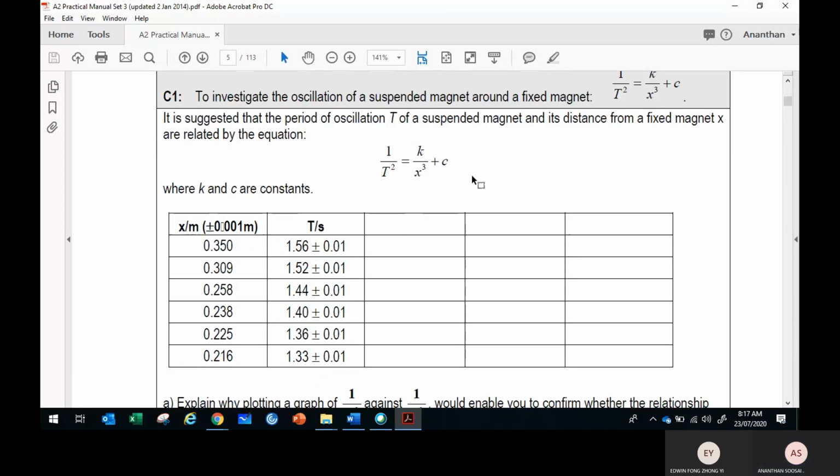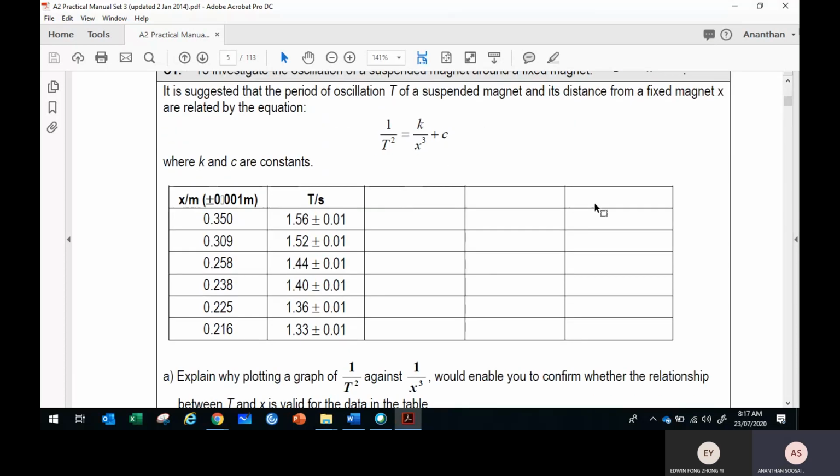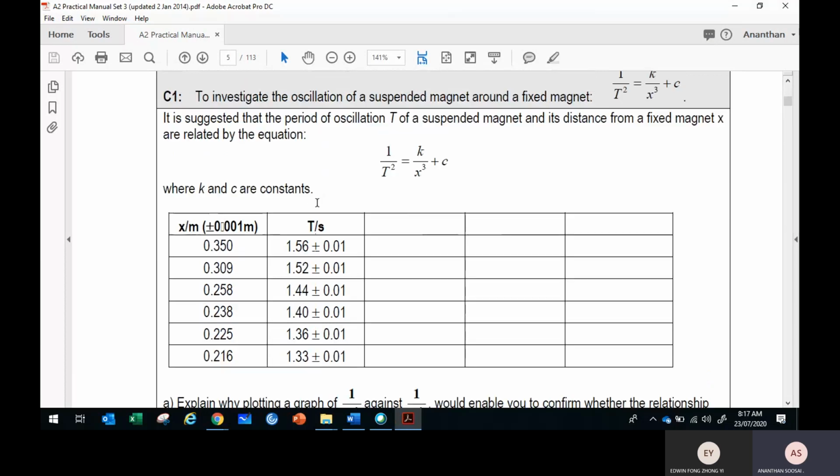First they give an equation. From the equation, the table columns will be empty and you need to fill up the headings. Data for x and t is given. What is this equation for? It is suggested that the period of oscillation t of a suspended magnet and its distance x from a fixed magnet are related by this equation.